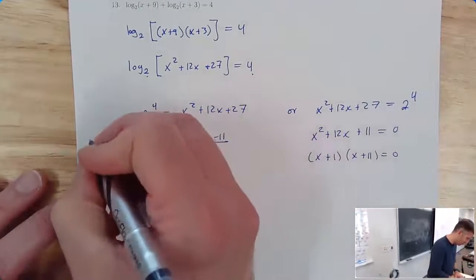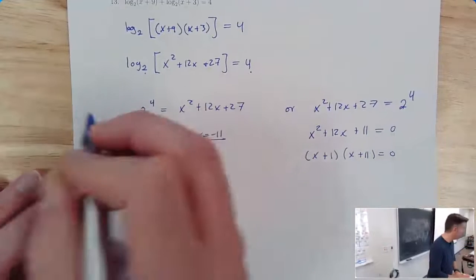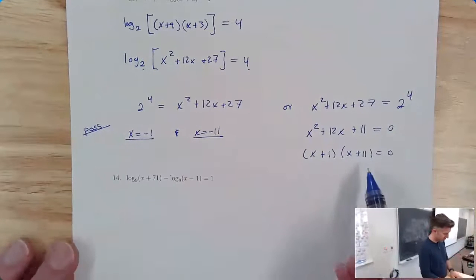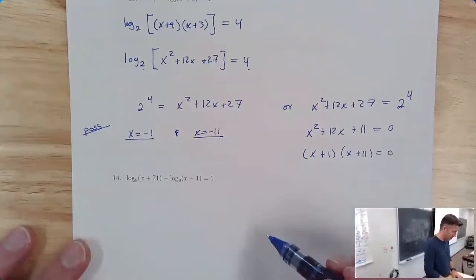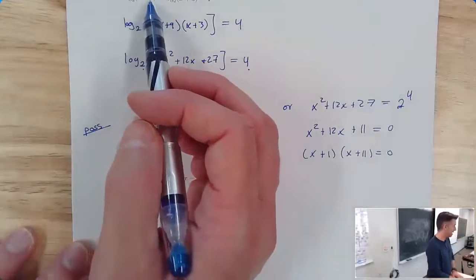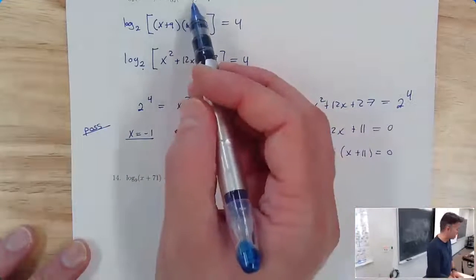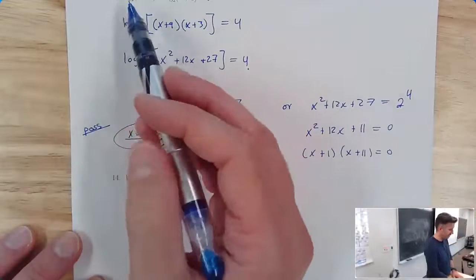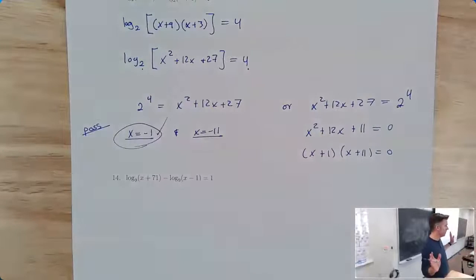I do want you to write down both of them so you see that there are 2 possible solutions to this equation, but then we need to check them. If you plug in negative 1 to your original expression, negative 1 plus 9 is positive, we're cool. Negative 1 plus 3 is positive, great, that totally works out. So as long as you're plugging them in and you're taking a log of a positive thing, safe and sound.